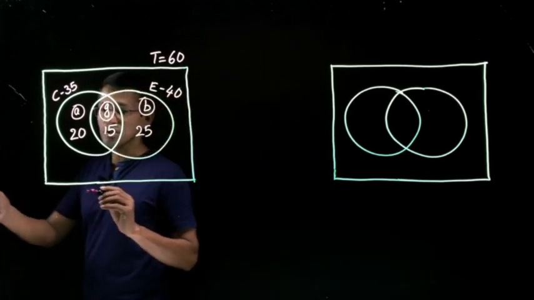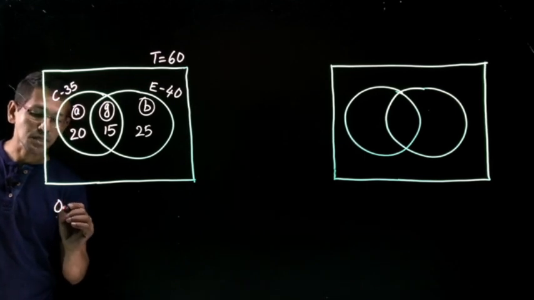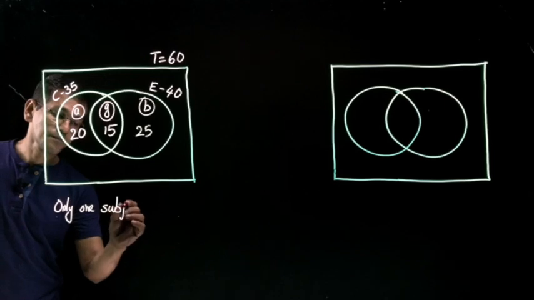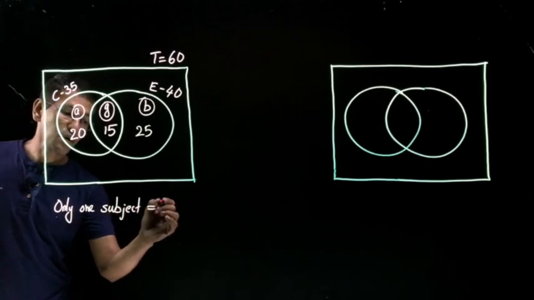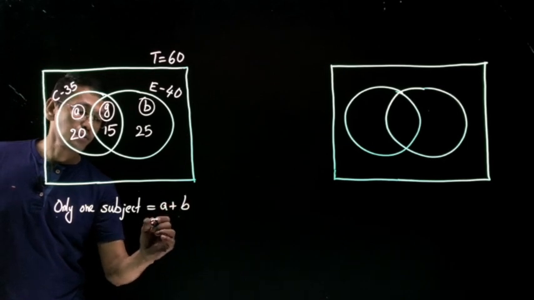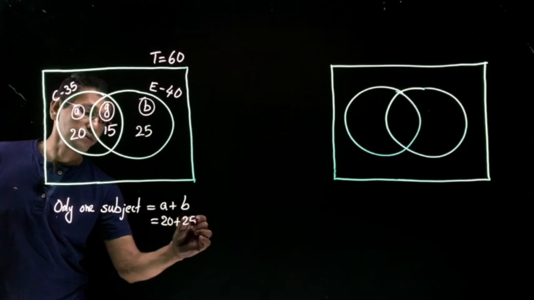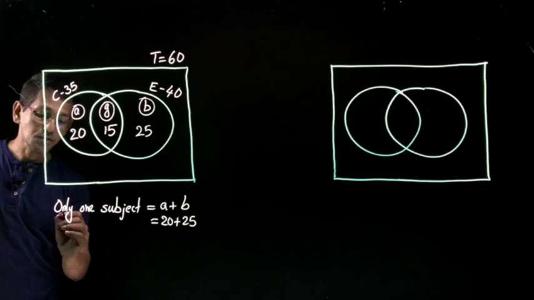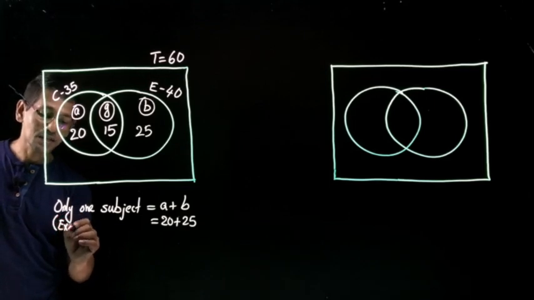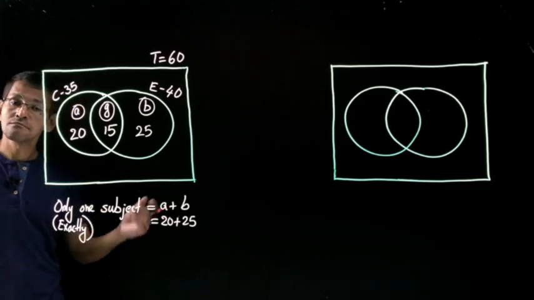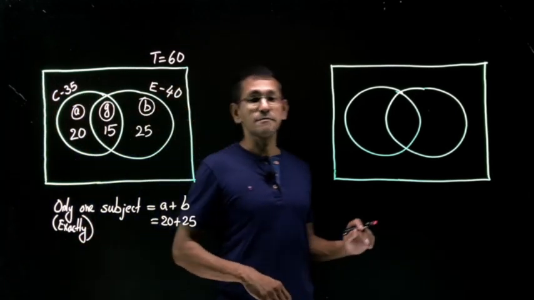So the number of students who passed in only one subject is equal to A plus B, 20 plus 25. Instead of only one subject, I may ask the question, exactly one subject. Only and exactly have pretty much similar meaning.